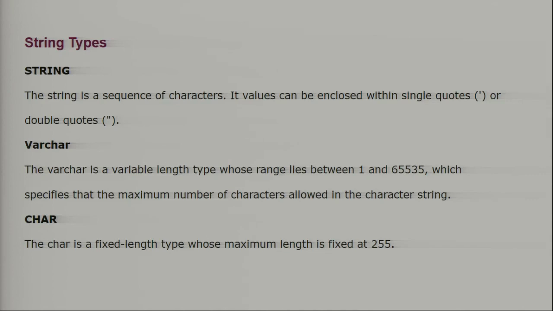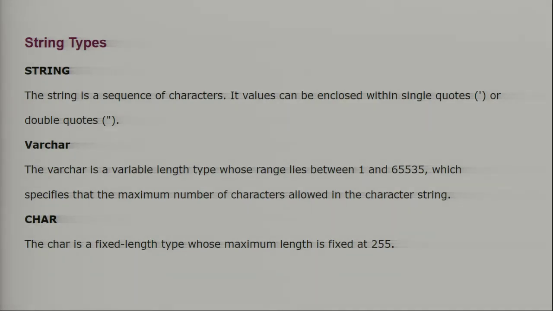Then we have varchar also here. So varchar is a variable length type whose range is between 1 and 65,535, which specifies the maximum number of characters allowed in the character string. So this is the length type in which you can utilize it.